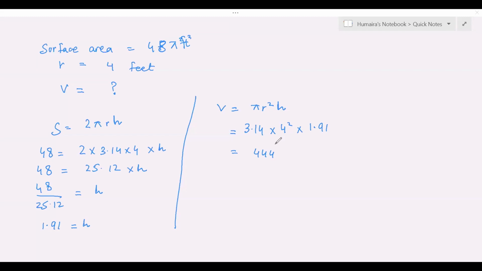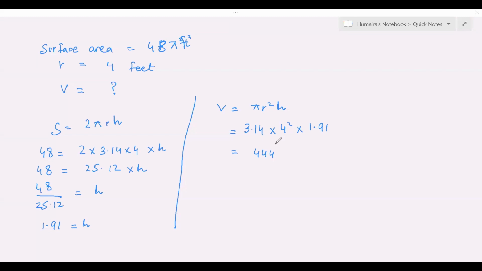When we multiply 2 with 3.14 into 4, we will have 25.12. And when we divide 48 by 25.12, it's 1.91. Okay, that is correct.